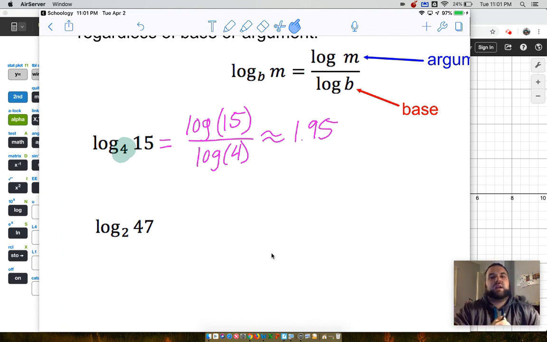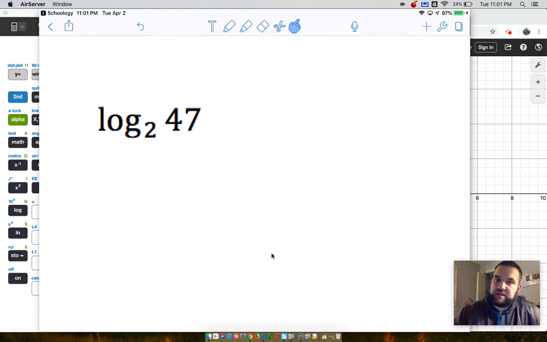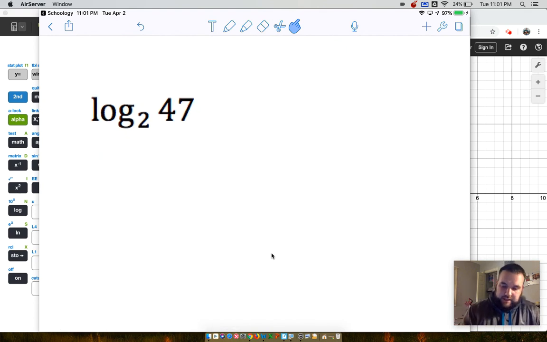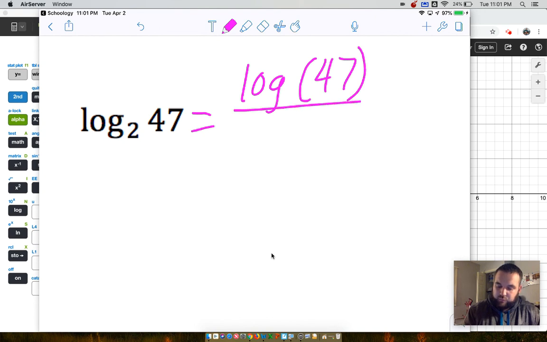Okay, it's pretty powerful stuff because now that opens up any base. So if you want to type any base into the calculator, it doesn't have to be base 10. We can do it. If you think of what log base 2 of 47 is asking, it's saying 2 to what power gives me 47. So I'm just going to use base 10 and go log 47 over log of 2.